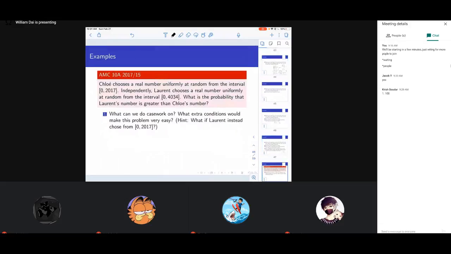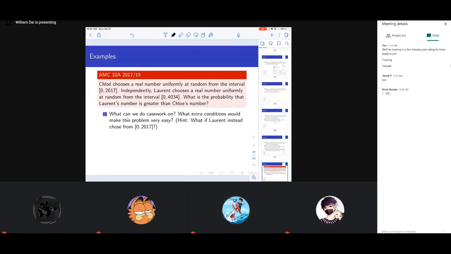Okay, and here's our second example for casework. Our first step is to think about what we should do casework on. What conditions would make solving this super easy?